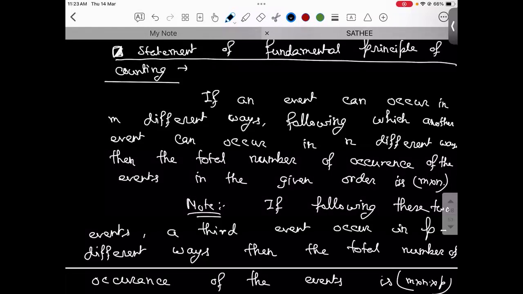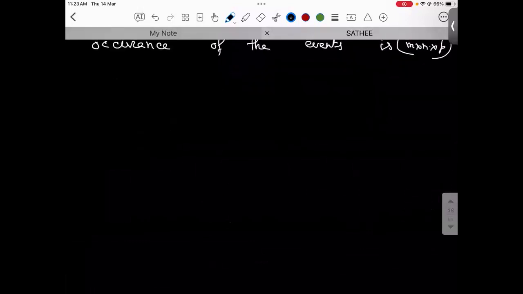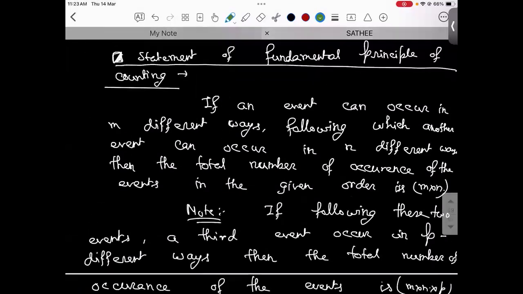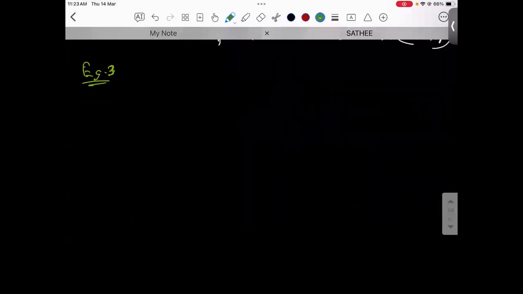Okay. So let us do one example. Example 1. Using this fundamental principle of counting, we can try a different example.